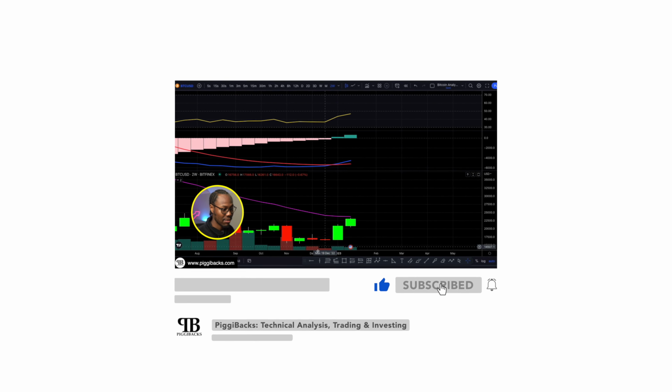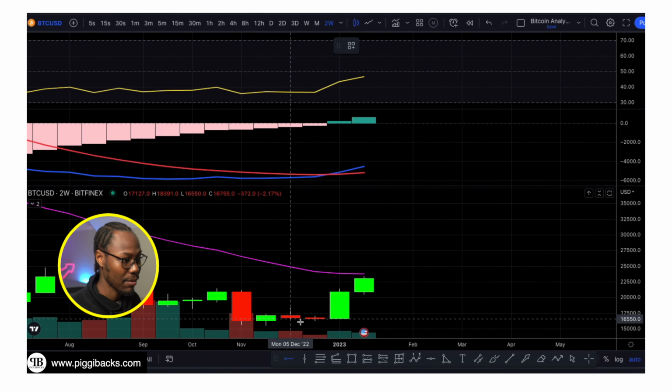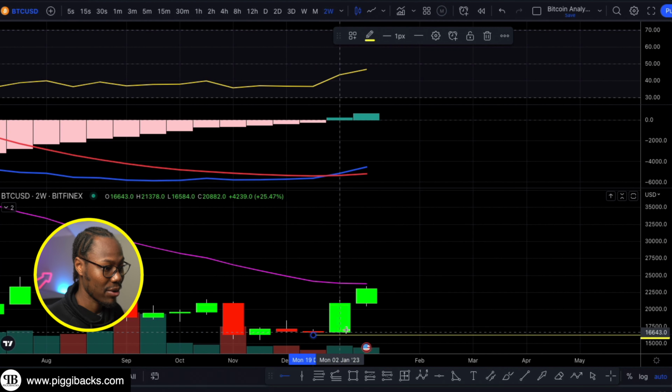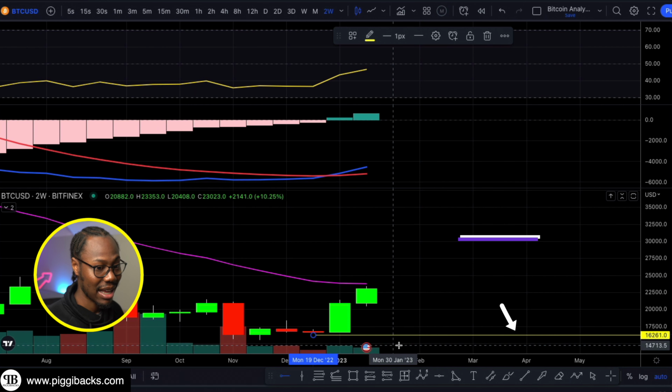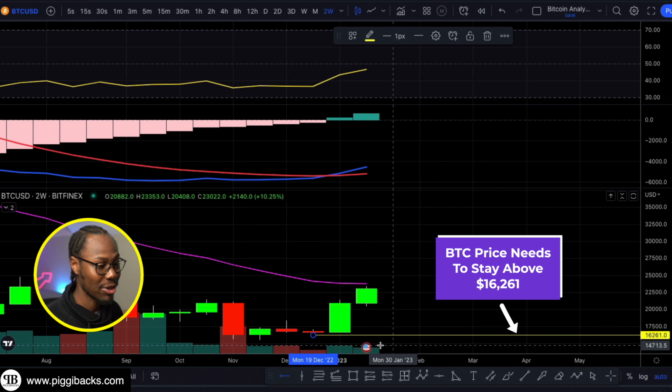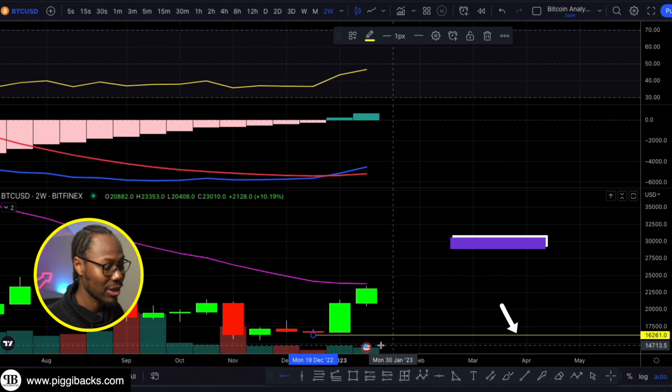So if I just mark this key point right here, so if the price breaks through this line on the downside and remains below $16,261, then this would invalidate this signal, and we will most likely not be on an uptrend.